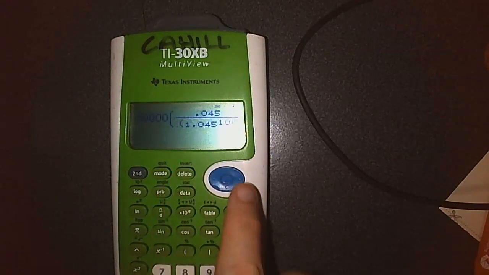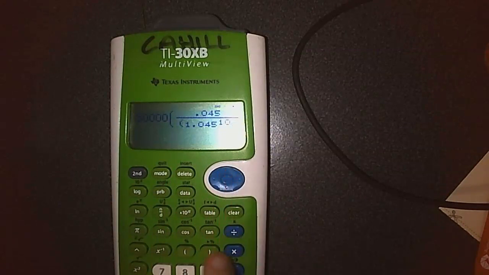Oh, delete. Take 1, close brackets, equals $4,068.94.